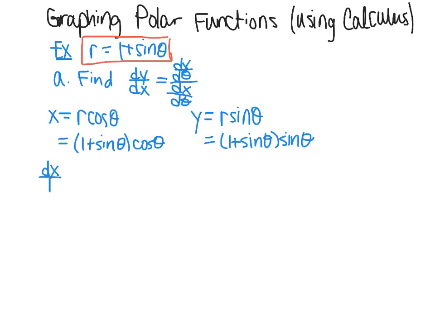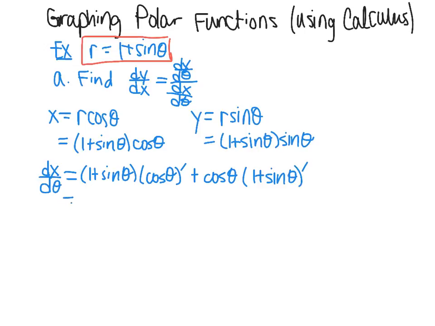It's a product right at the moment, so we have to use the product rule. We're going to take the first times the derivative of the second, plus the second times the derivative of the first.